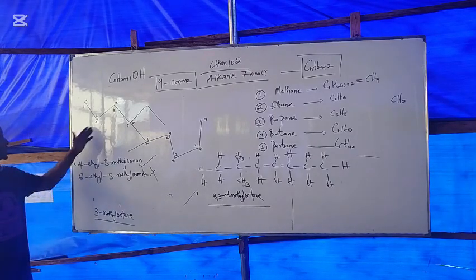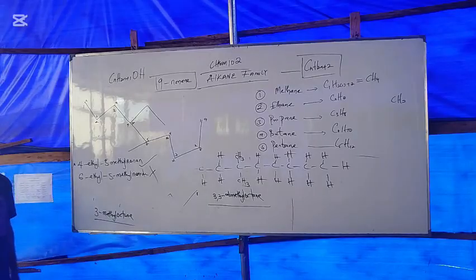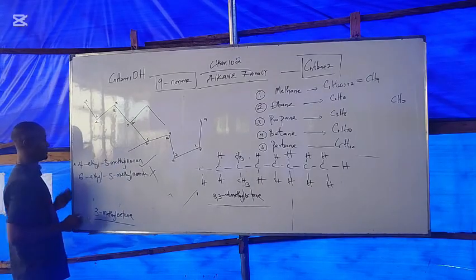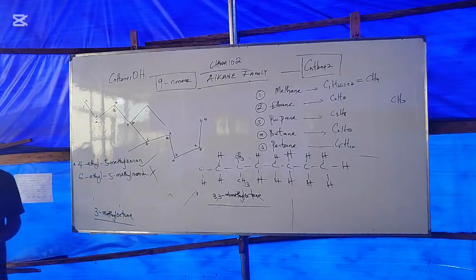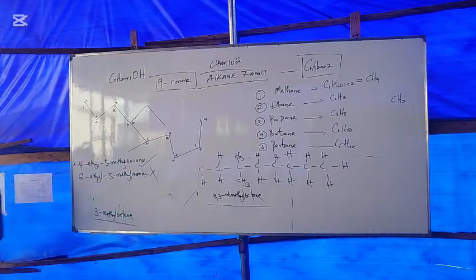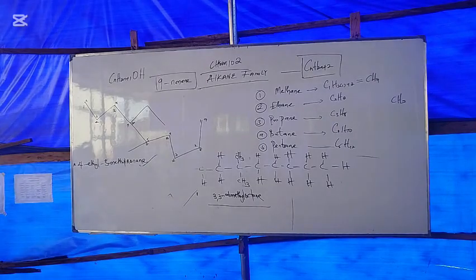The lowest possible carbon is the first. So 4 ethyl, 5, place your hyphen, 5 methyl, nonene. Yes, ask the question.